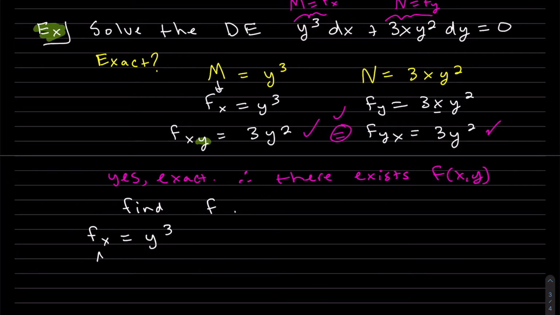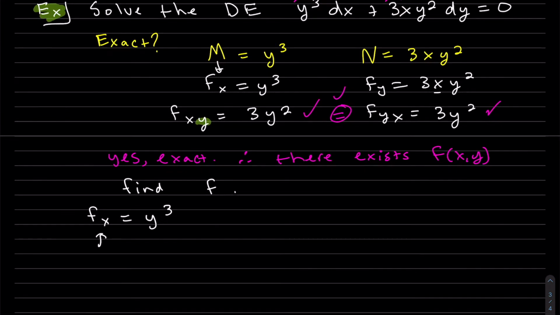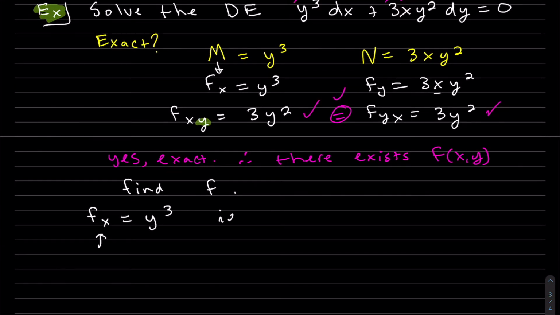This is the partial derivative. So in order to find f, we want to integrate. You don't have to rewrite this, but for the first time I will. We have the partial of f in terms of x is equal to y to the third.